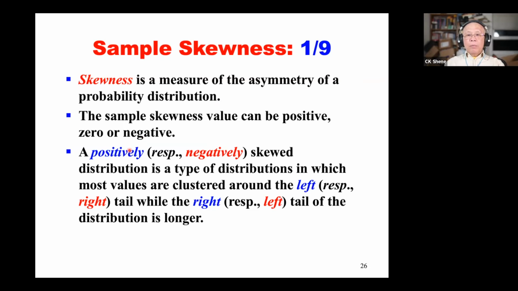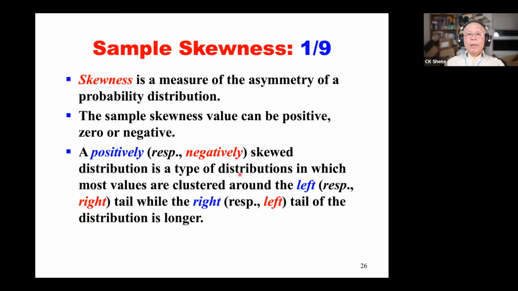A positively skewed distribution is a type of distribution in which most values are clustered around the left tail, while the right tail is longer. I will show you a diagram.